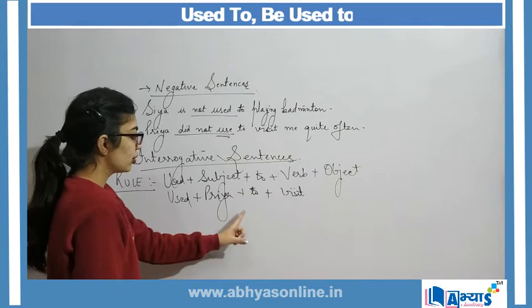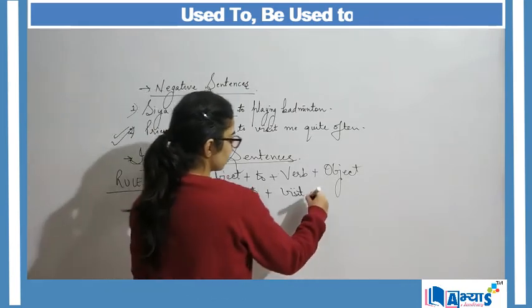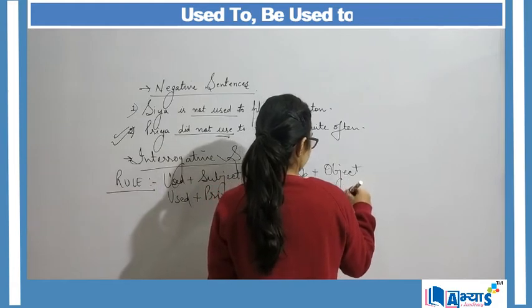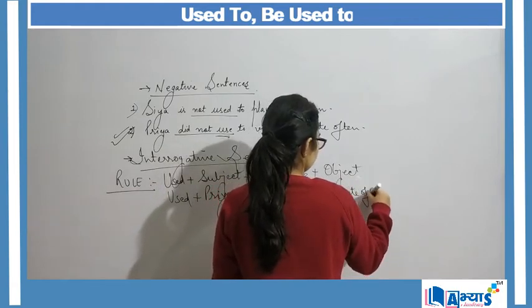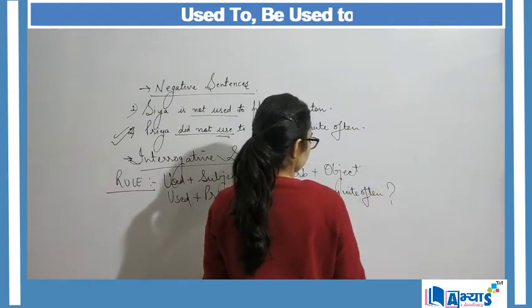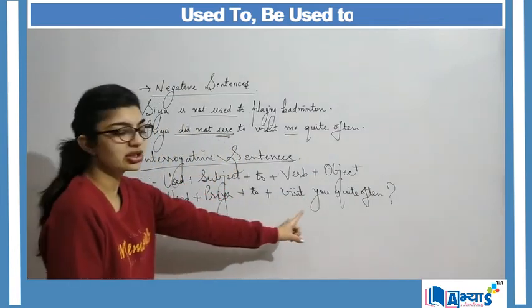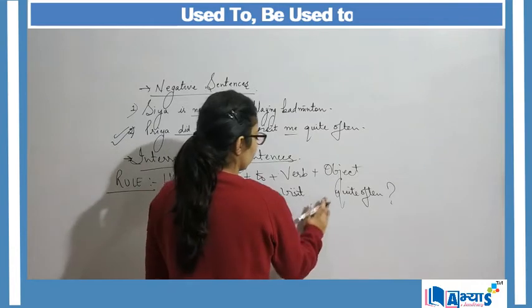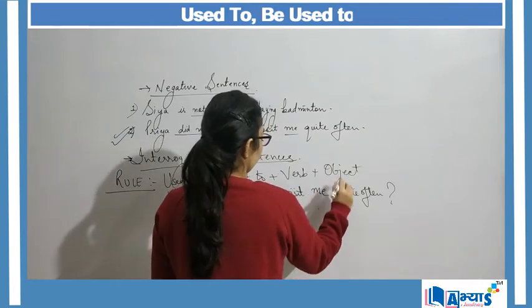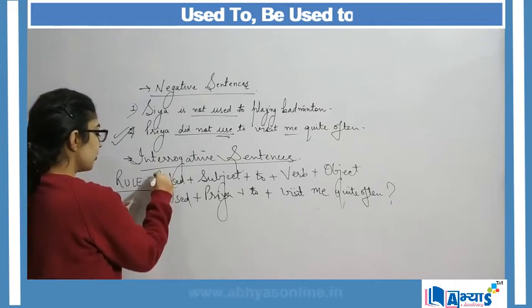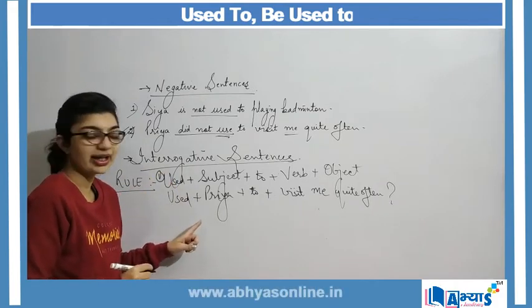Used Priya to visit you quite often. Sorry, here me will remain me. Right? So this is the first rule for interrogative.